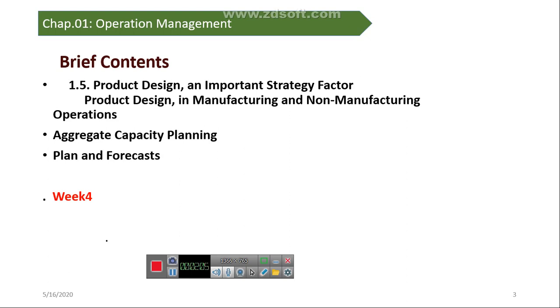The design process: we have idea generation. Idea generation could be from supplier, marketing, research and development, competitor, customer.